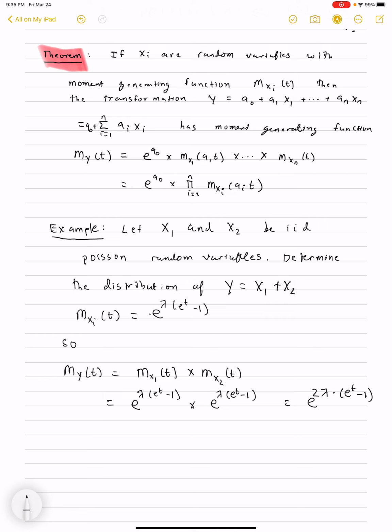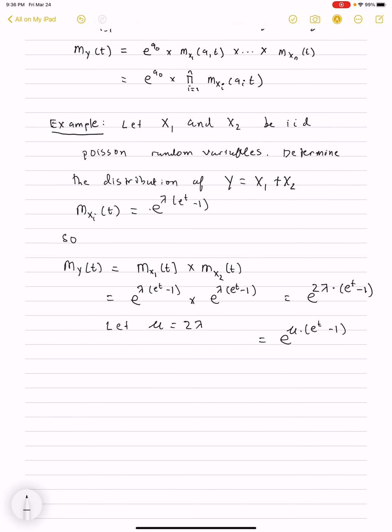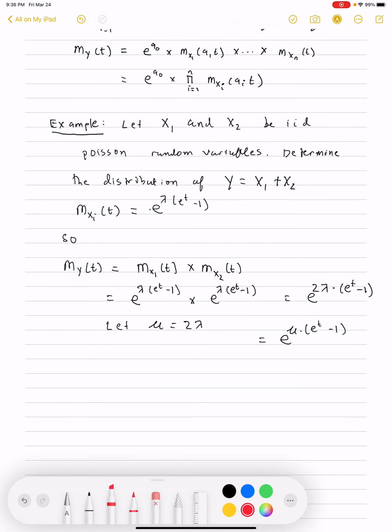Now, if I let mu equal 2 lambda, then this is the moment generating function of e to the mu times (e to the t minus 1). This is a moment generating function we've seen before.